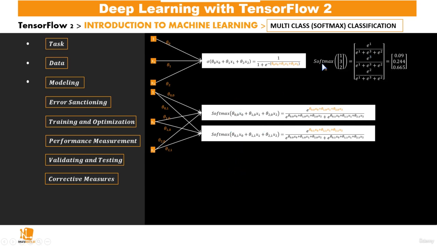For example, if we have the softmax of this vector, with these 3 class outputs, we have the softmax of 1, 3, 2. It's going to give us e to the power of 1 divided by e to the power of 1 plus e to the power of 3 plus e to the power of 2.